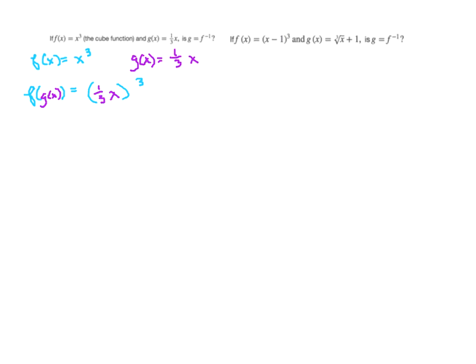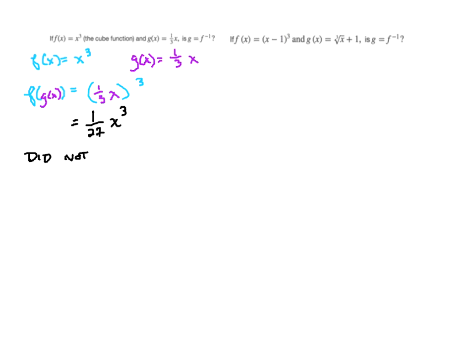All right. So when I cube a fraction, I cube the numerator and cube the denominator. 1 cubed is 1. 3 cubed is 27. And then I also have to cube the x. 1/27 x cubed. I can't do any more simplification on this.